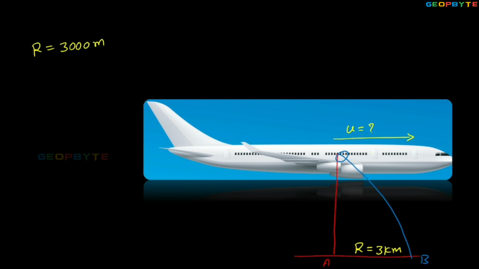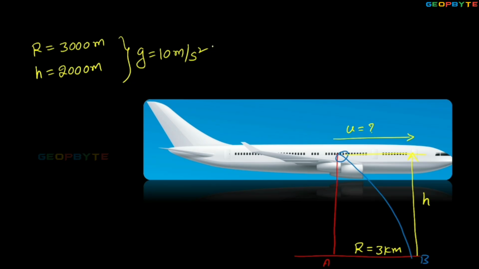It is given that the vertical height of the flight, H, equals 2000 meters. You are asked to take g, acceleration due to gravity, equal to 10 meter per second square. It is asking at what speed the aeroplane is flying. For that, as we all know, range R equals u into root over 2h by g.